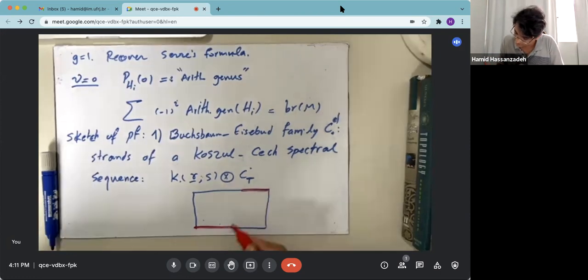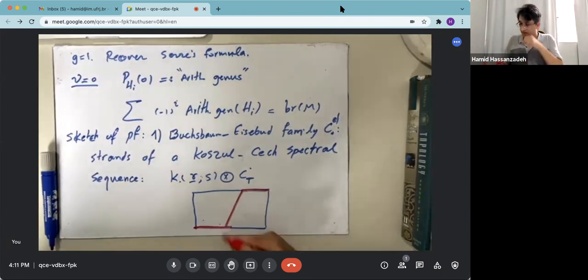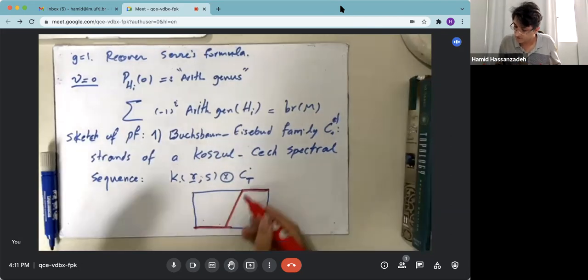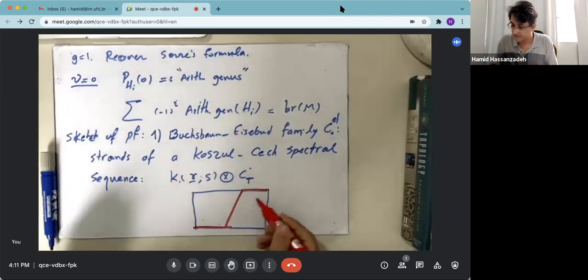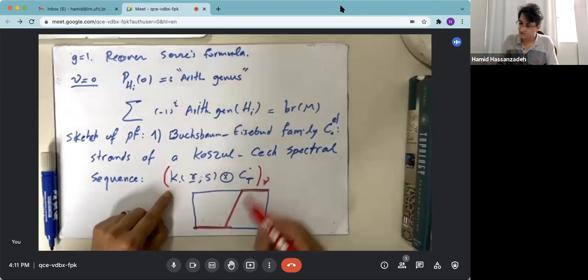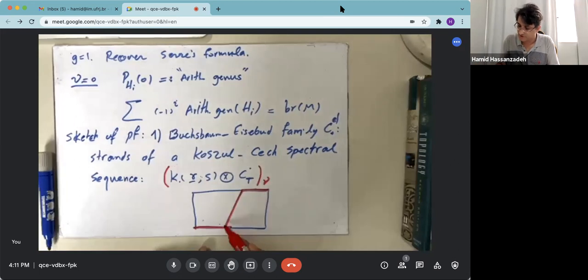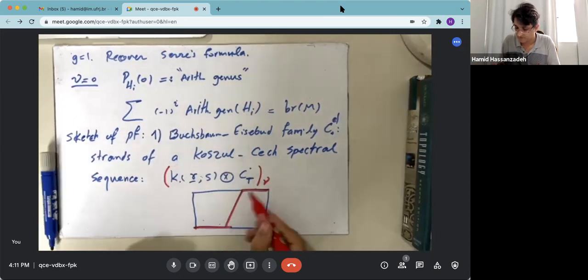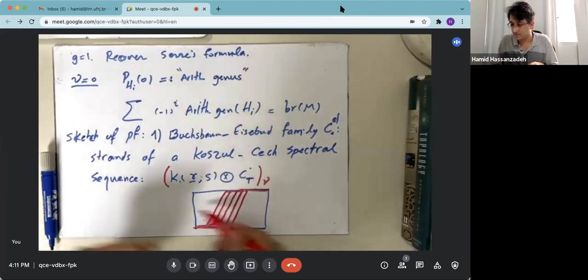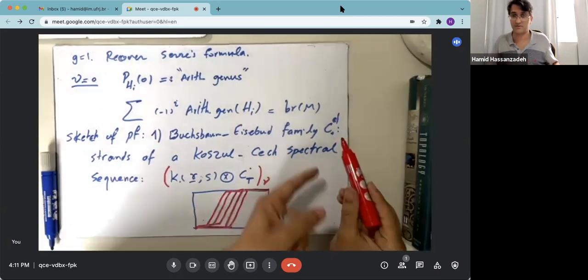And this connection is provided by the transgression map in the spectral sequence. And we figured out that for any degree V, if you look at this bicomplex and do this procedure, you have a new complex, right? And any of these new complexes is a member of the family of Buchsbaum-Rim complexes.